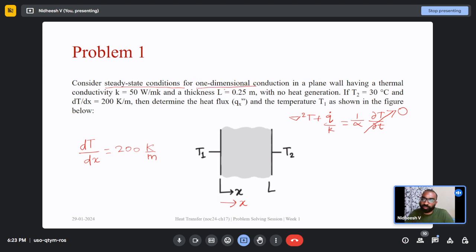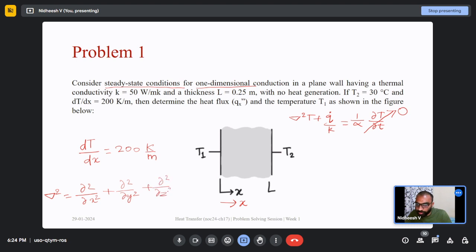What do you mean by one-dimensional system? Where can I incorporate this in this equation? Only one dimension, like x. Yes, because del square would mean dou square by dou x square plus dou square by dou y square plus dou square by dou z square.